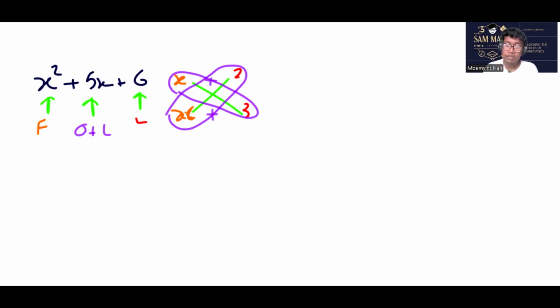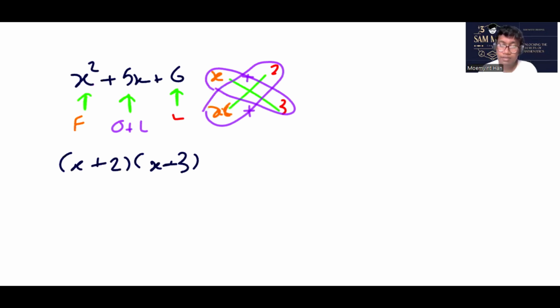So these two terms are x plus 2 and x plus 3. According to our calculation, let's check if it is possible, if we are correct. Let's use our method. We're going to multiply first and first. It's going to become x squared.